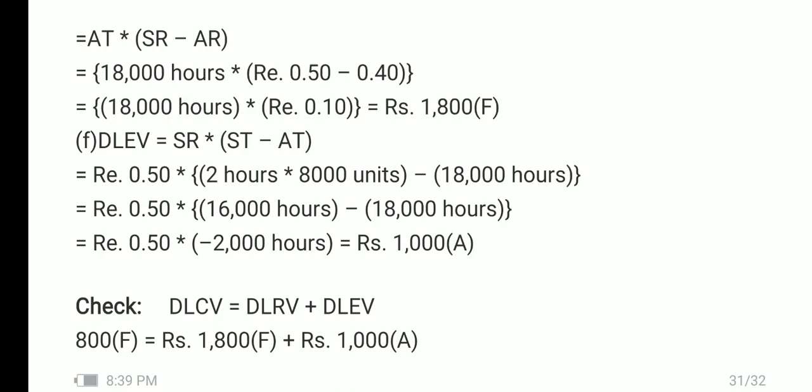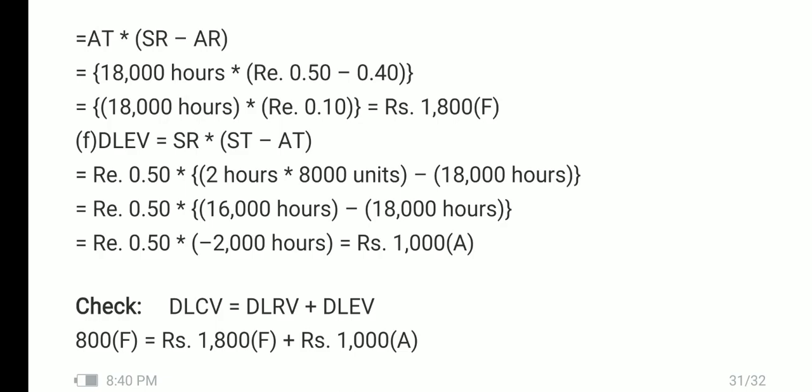Standard time specified for actual output 16,000 hours minus actual time taken 18,000 hours will give us 2,000 hours negative. That means, actual time taken is more than the standard time specified. Therefore, we are getting negative variance. 2000 hours multiplied with standard wage rate 50 paise, we are getting 1000 adverse.